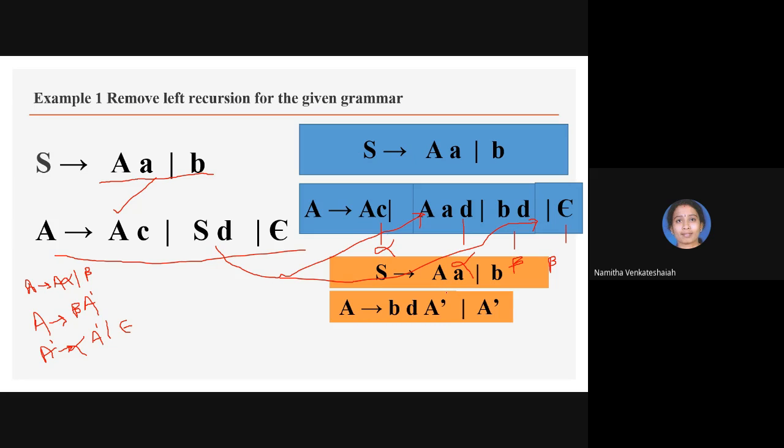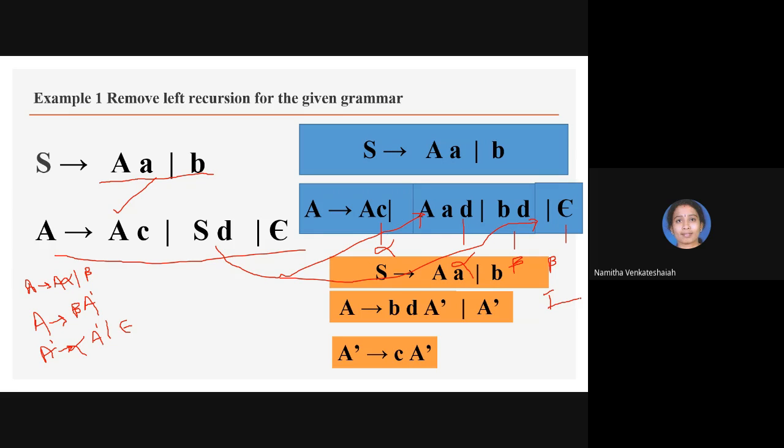Now second beta. Second beta, I said epsilon is second beta. Epsilon means nothing. So beside nothing, you write A dash. So nothing A dash will become A dash only. So this is the first step. Next, what is the second step?